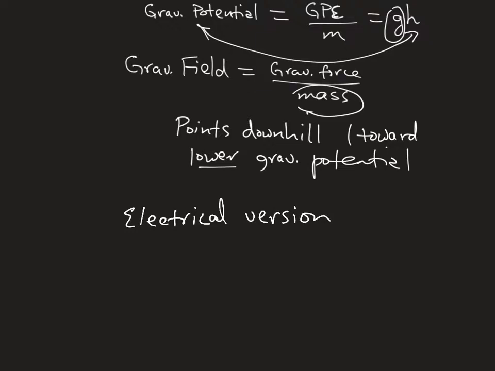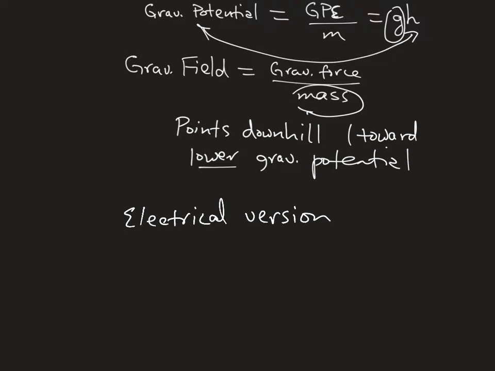You can do the same thing, and you can map out what the potential looks like, and it's just called electrical potential rather than gravitational potential, but the relationships are the same, right?